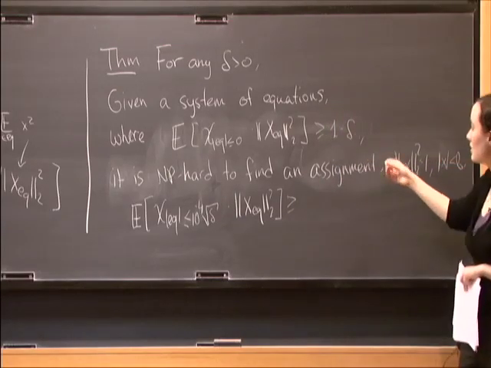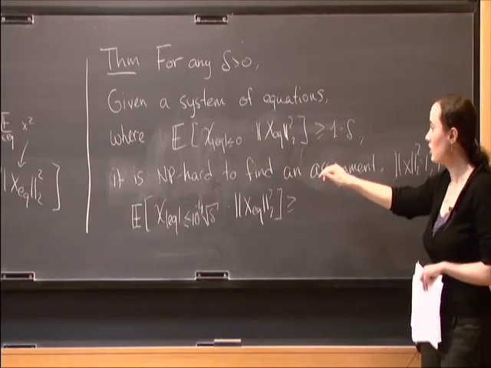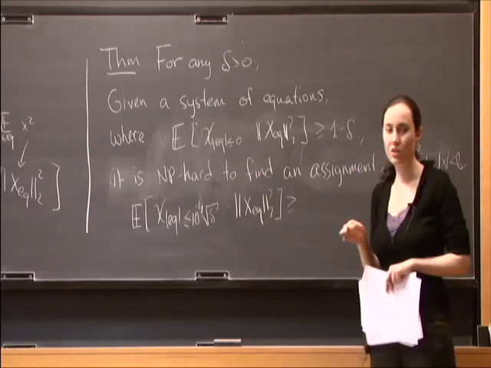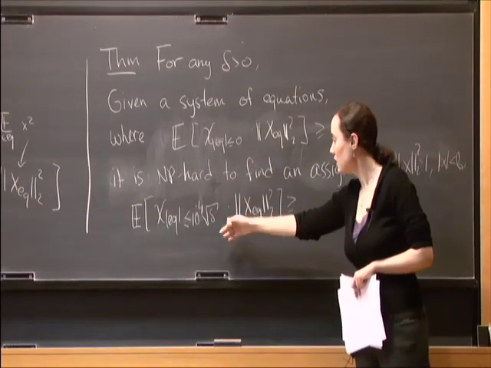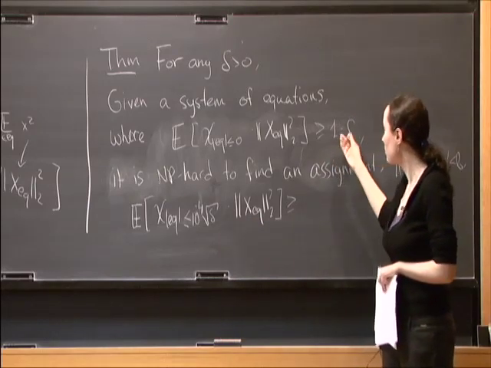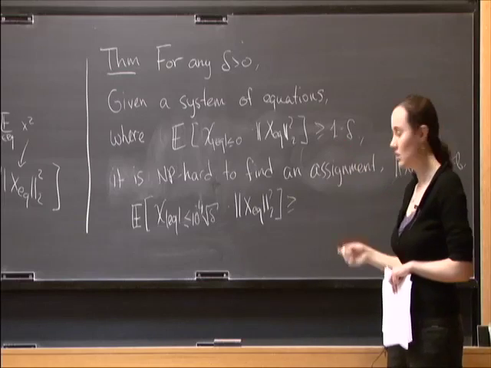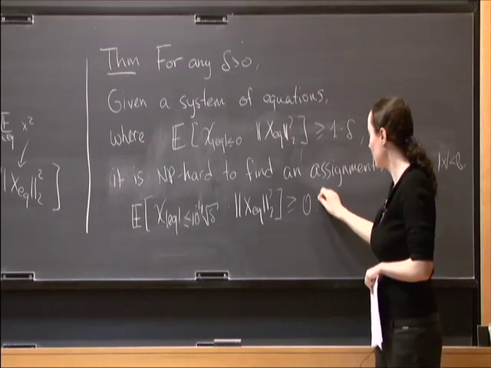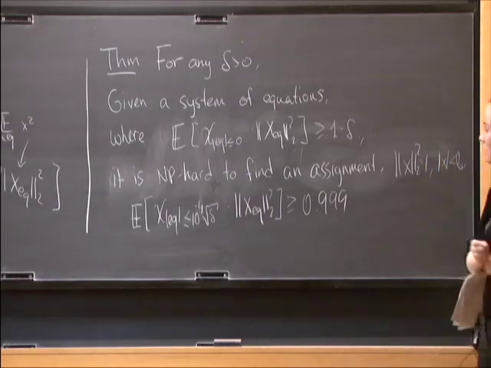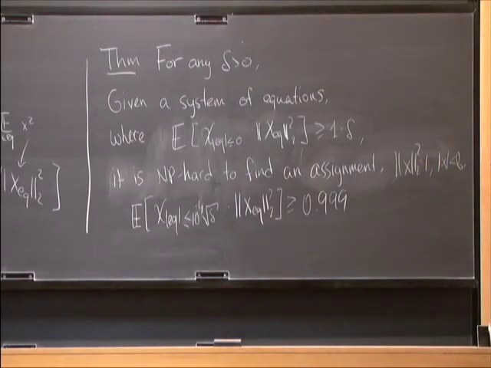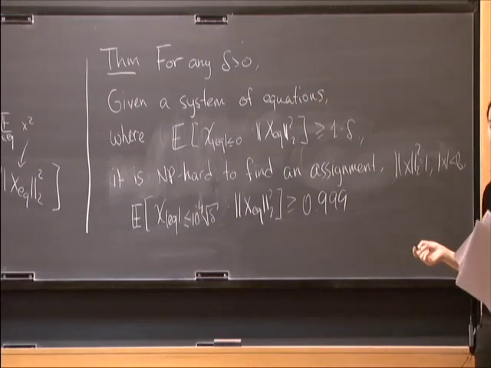So there is an assignment that satisfies almost everything with zero margin. Now I let the margin be much bigger, and I also don't ask for 1 minus delta, but only say 0.99.